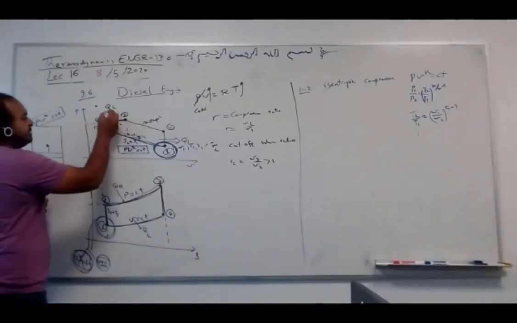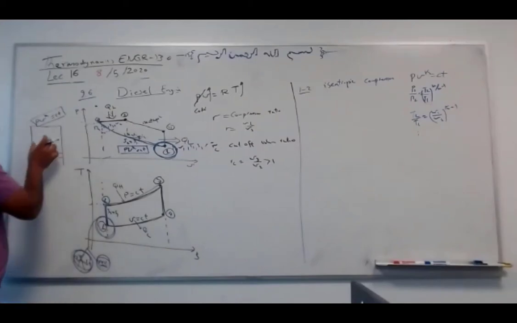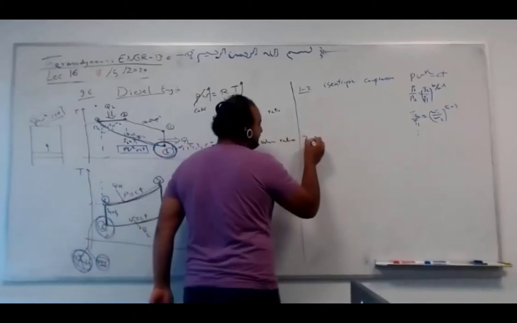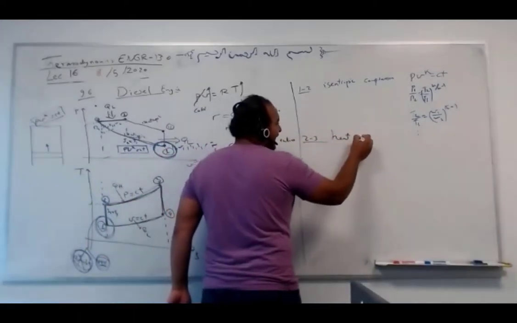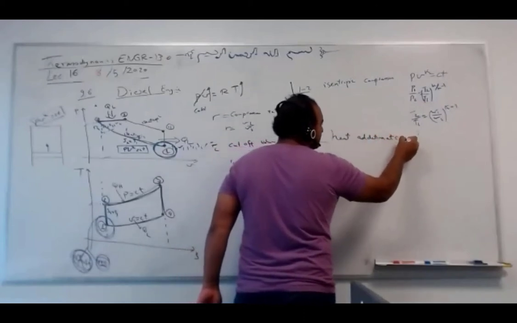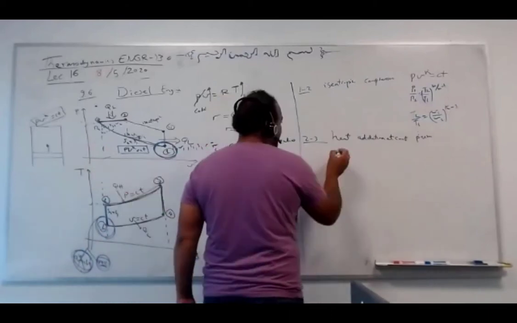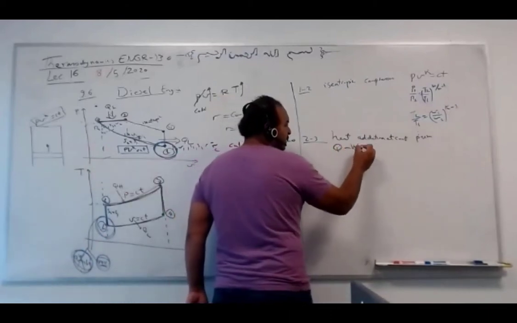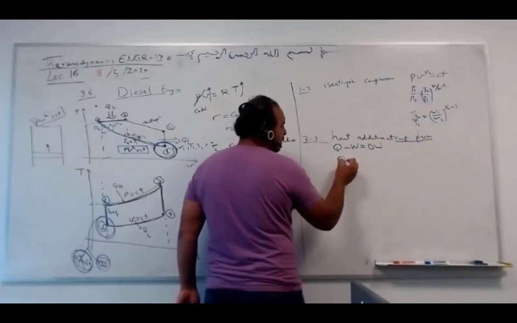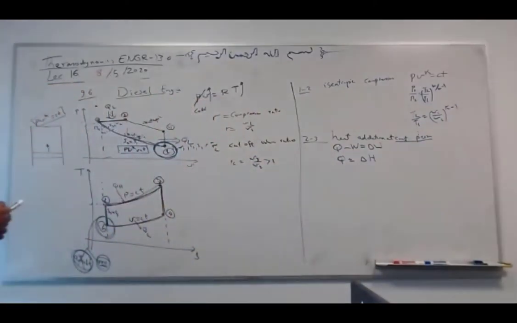2 to 3, heat addition at constant pressure. It means the piston is free to move at constant pressure. This is a closed volume, so Q minus W equals delta U. Because it's constant pressure, you can use this, or Q equals delta H. Remember this.